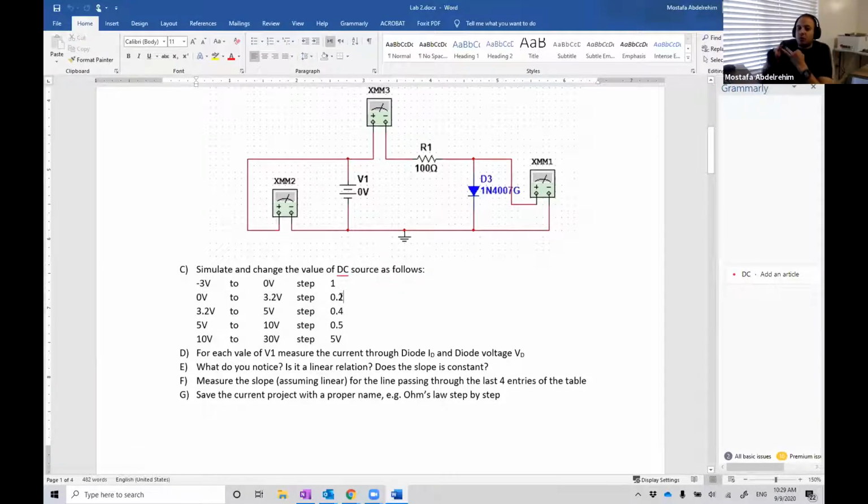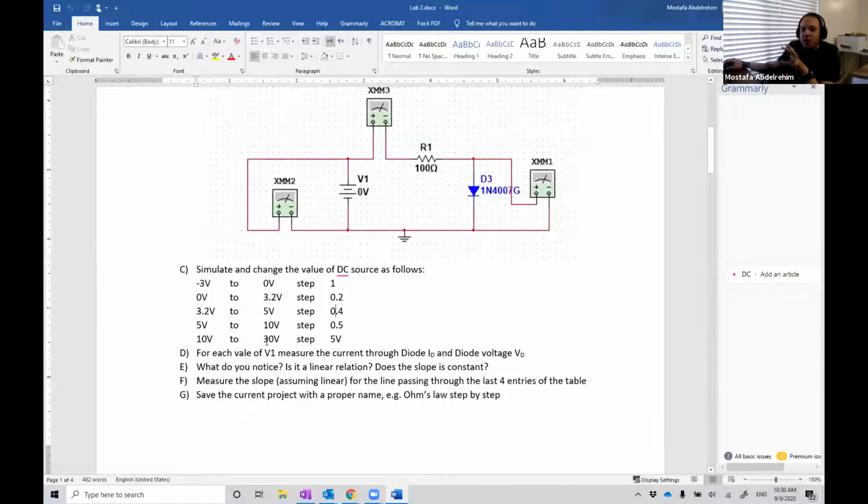So 0, 0.2, 0.4 volt, 0.6 volt, 0.8 volt, 1 volt, 1.2, and so on until 3.2 volts. Then from 3.2 until 5, make the step 0.4, okay, and just continue in these steps here, okay. Just one note here, 2 notes actually.